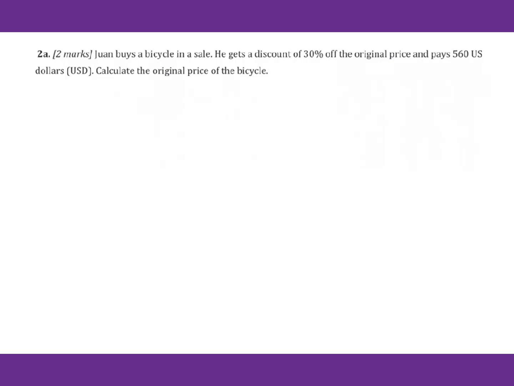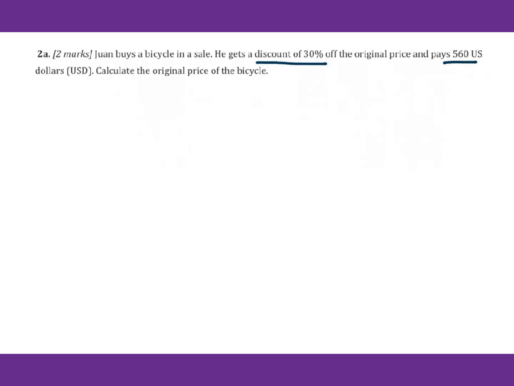Let's go to 2A. Huang buys a bicycle in a sale. He gets a discount of 30% off the original price and pays $550 US.